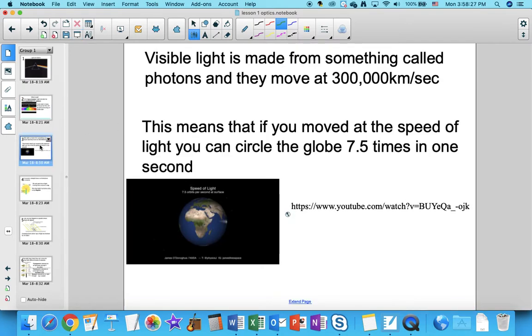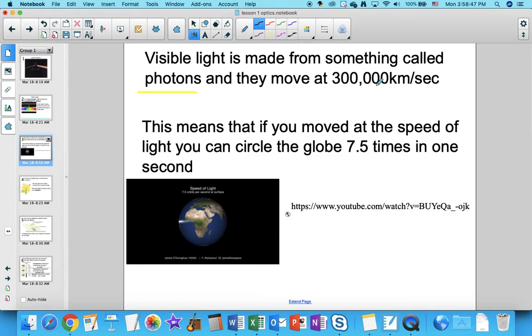Visible light is made of something called a photon. If you were to take the smallest thing that light is made out of, you would call it a photon. And they move at 300,000 kilometers a second.